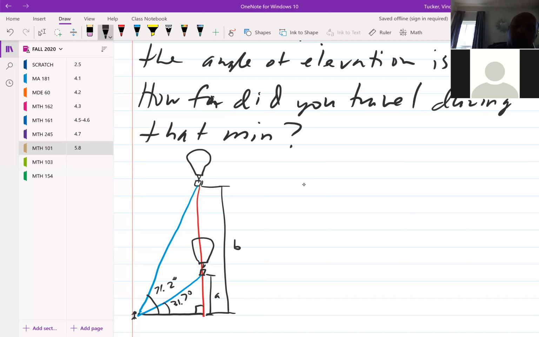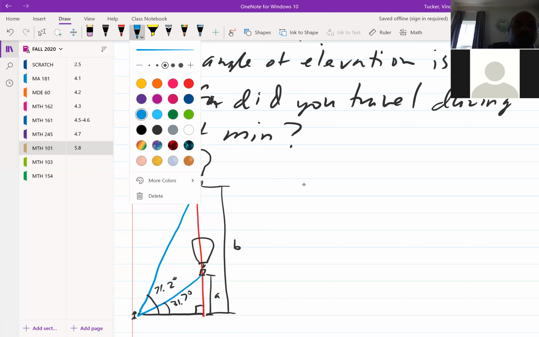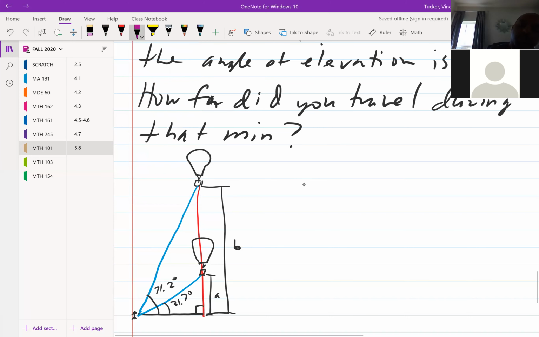Okay, so it looks like we will be using tangent. So tan is going to be opposite over adjacent.